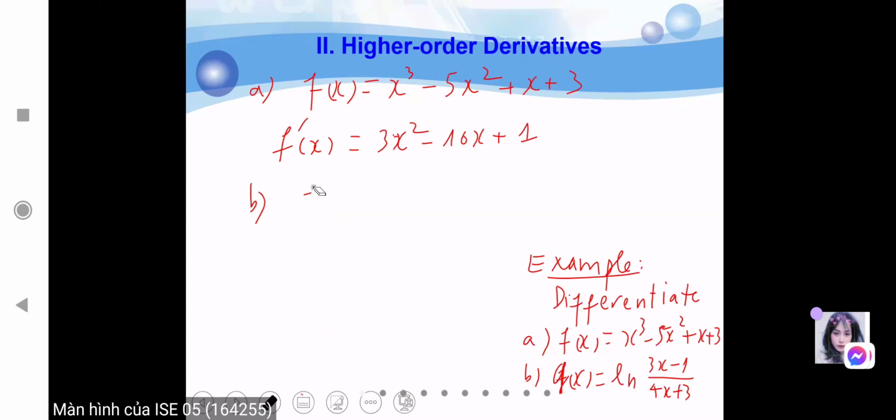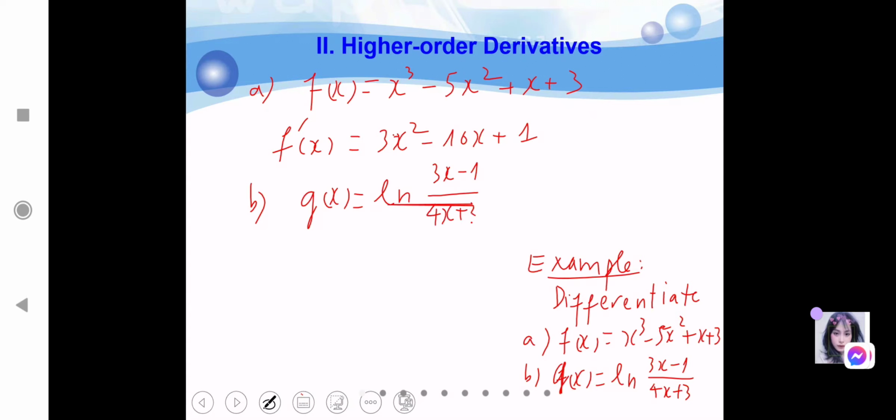Question B: g(x) = natural log of (3x minus 1) over (4x plus 3).